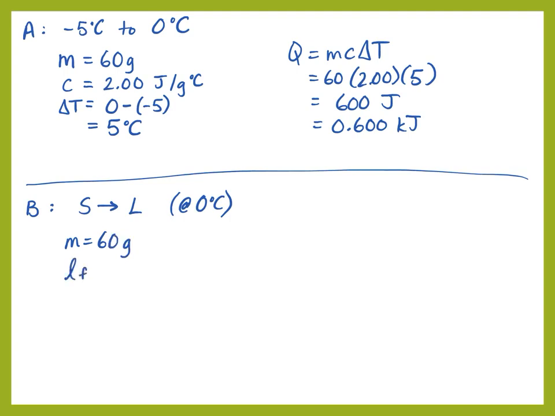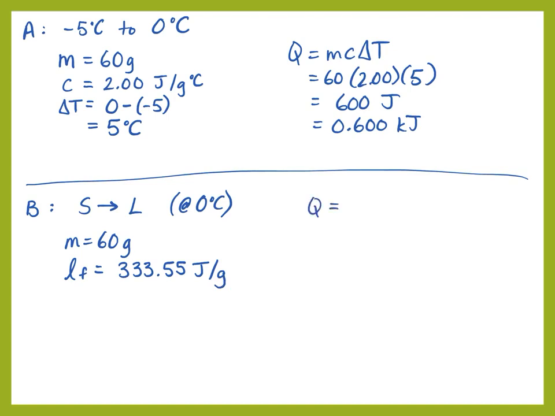My latent heat of fusion, so how much energy is required to change 1 gram of a substance from a solid to a liquid, for water is 333.55 joules per gram. And those are given to you in the document that I posted for practice questions on the hub.